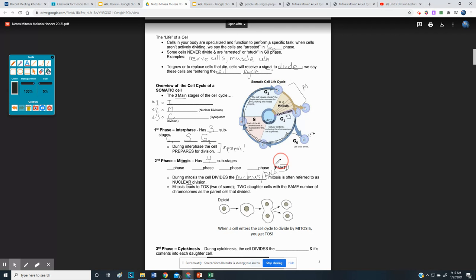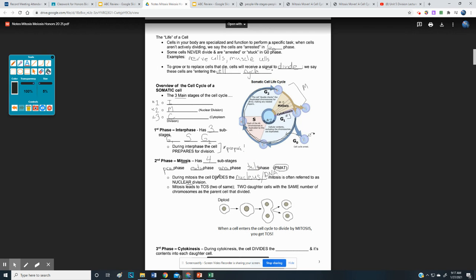So you'll want to remember PMAT for the order of those 4 stages. We have prophase, metaphase is the M, anaphase is the A, and then telophase.